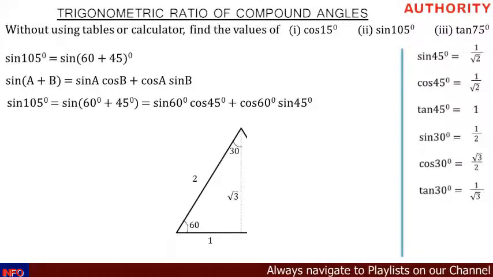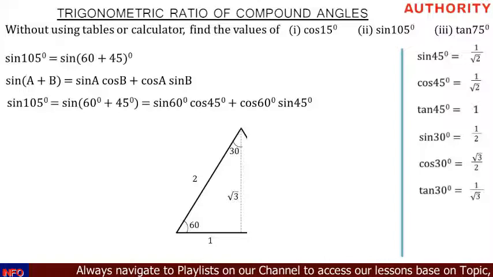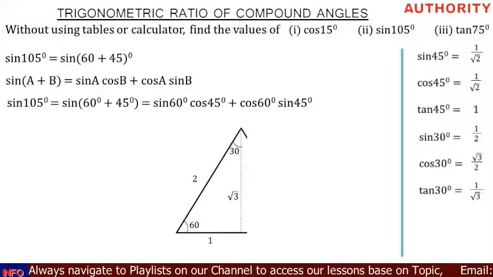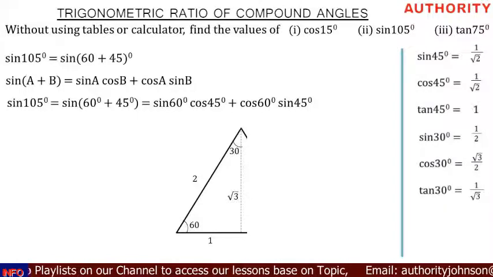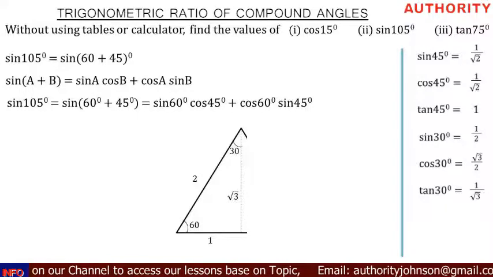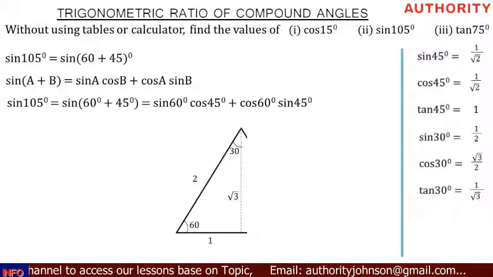Now let's go. In this diagram, what can we say the value of sine 60 degrees is? When you look closely, sine is equal to opposite all over hypotenuse. In this shape, our opposite is root 3 and our hypotenuse is 2.